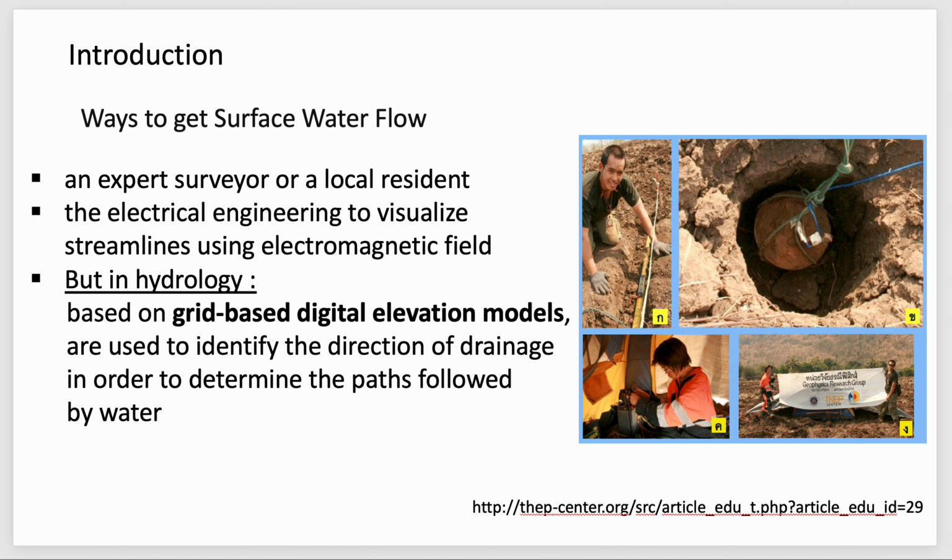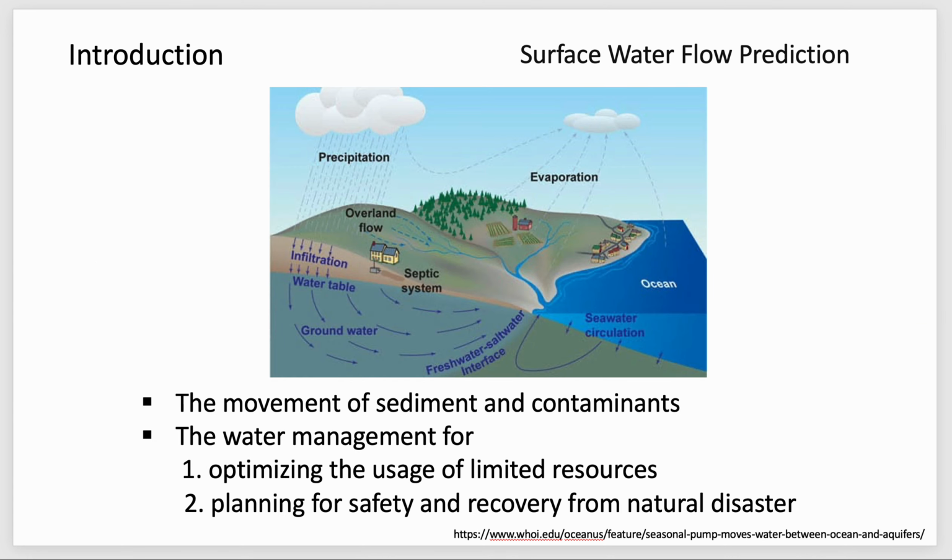But in hydrology, grid-based digital elevation models are used to identify the direction of flow in order to determine the path followed by water. The movement of the sediment and contaminant are part of the ecosystem of the surface water flow prediction.